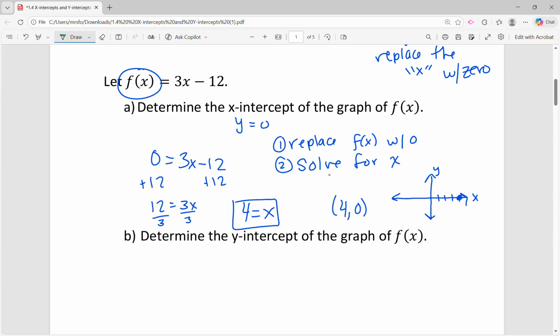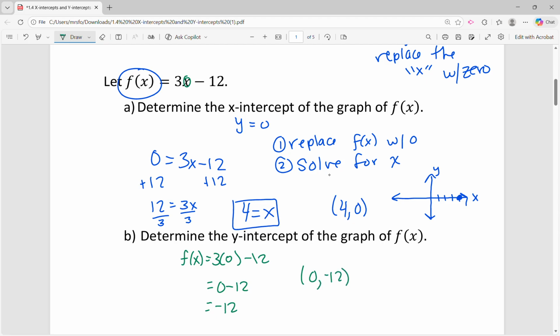So for the y-intercept, we replace the x with 0 and we solve. So 3 times 0 is 0. Minus 12 is negative 12.